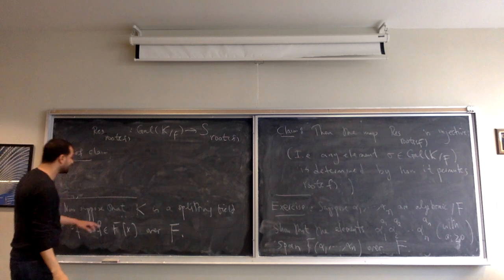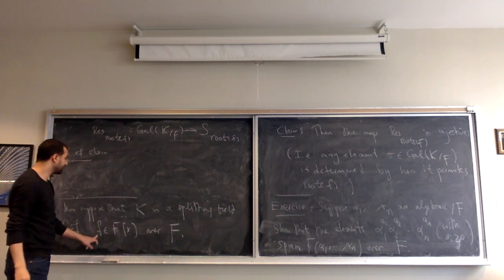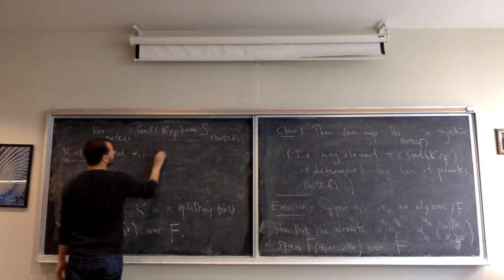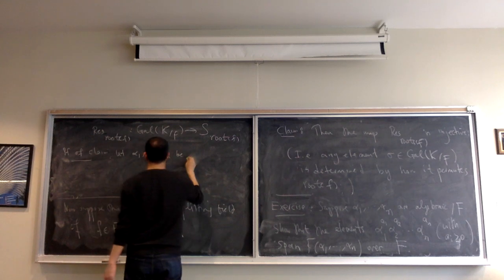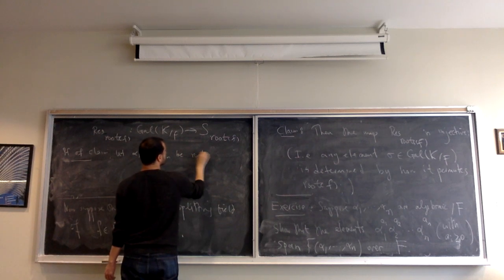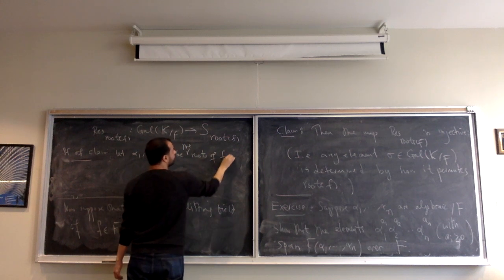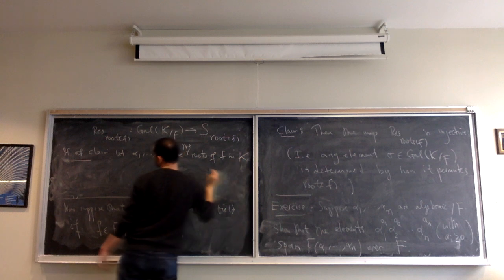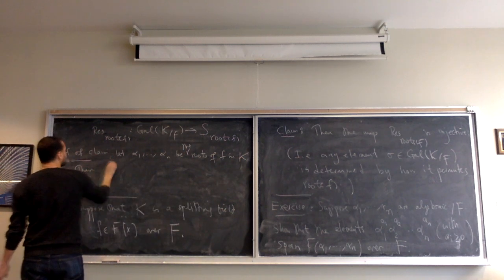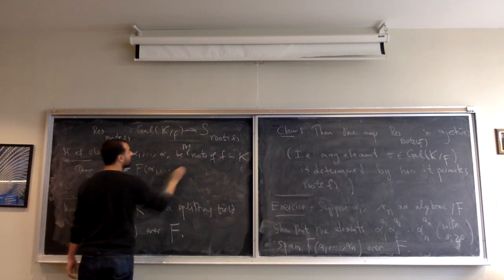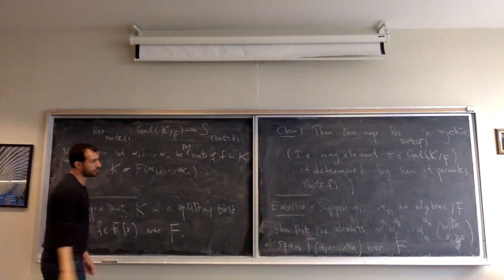okay, so we assume that K is a splitting field of f over F, right? So let alpha 1 to alpha n be the roots of f in K. Then K is equal to F adjoin alpha 1 to alpha n.